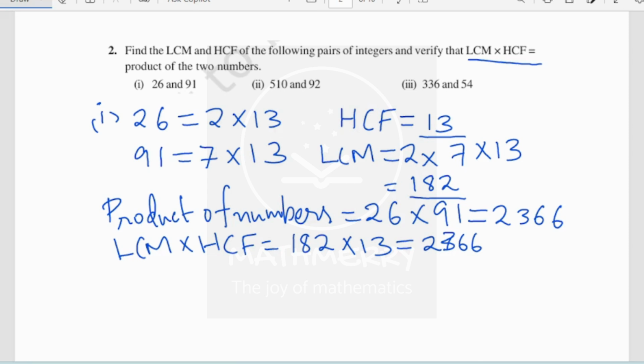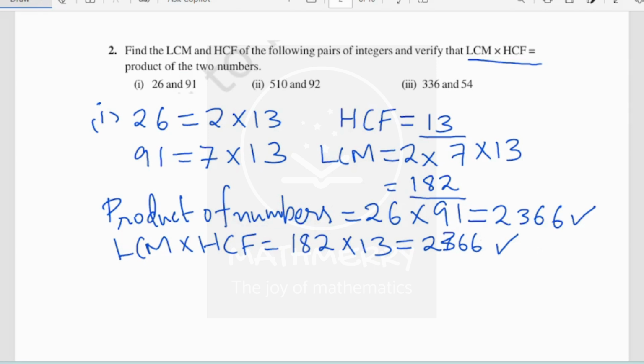Now what you can see here is the product of the LCM and HCF is equal to product of the two numbers. So product of the two numbers, we got it as 2366, and also HCF into LCM, we got it as 2366. So both are equal.